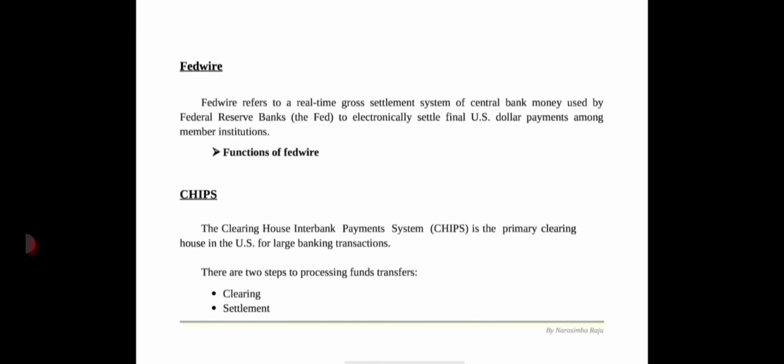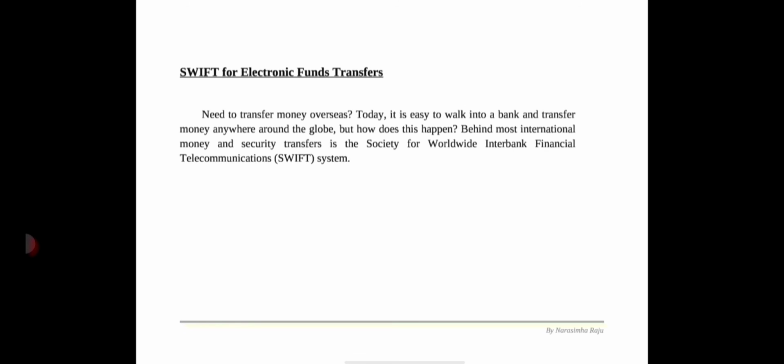And coming to the last topic of the second unit, SWIFT. While speaking of electronic fund transfers, when we need to transfer money overseas, today it is easy to walk into a bank and transfer money anywhere around the globe. But how did it happen previously?